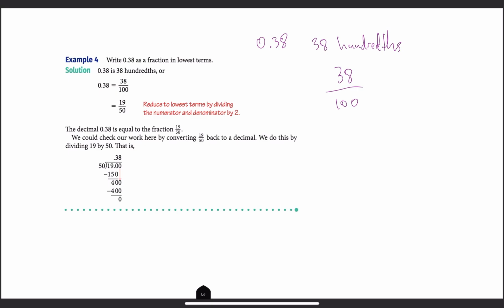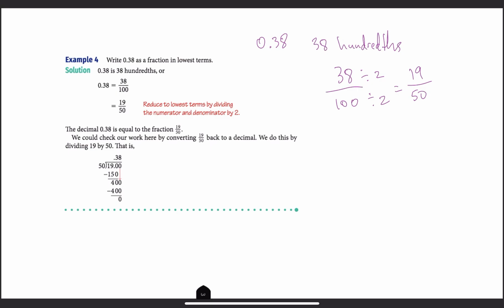So we want to go ahead and, let's see. Let's divide top and bottom by 2, because they're both even. So 38 divided by 2 is 19. 100 divided by 2 is 50. 19 is a prime number and won't go into 50, so that's done. So 38 hundredths in its simplest form as a fraction is 19 50ths.